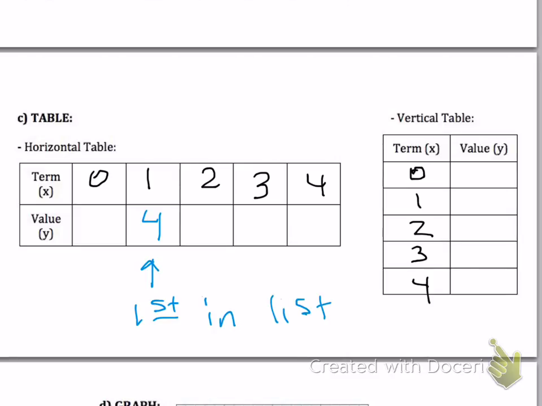I almost made the same mistake that most students make. So I had 1 tile or 1 square in figure 0. And then here's my 7, my 10, and my 13. So same thing with the vertical, 1, 4, 7, 10, and 13. You might see it either way.